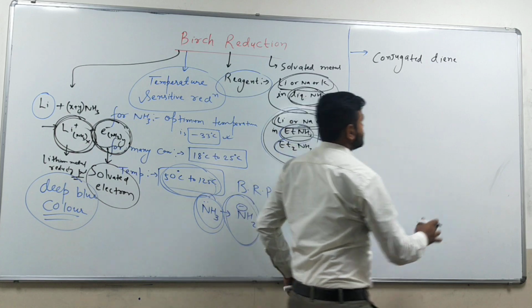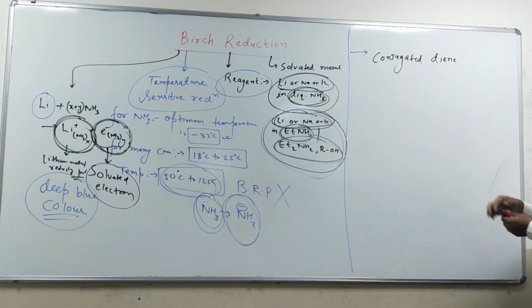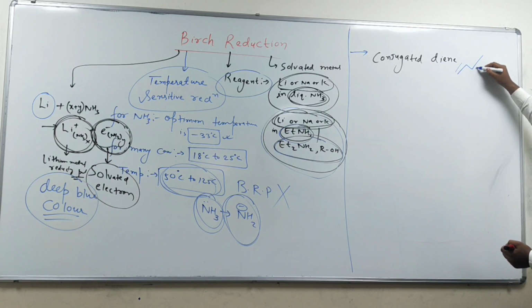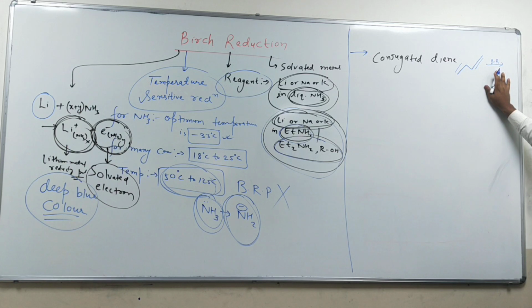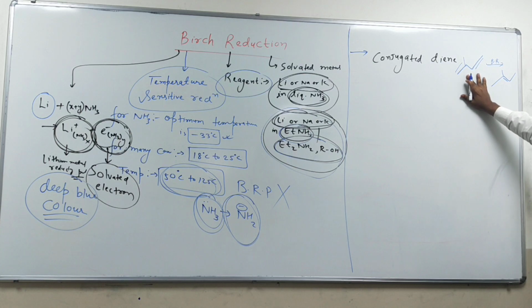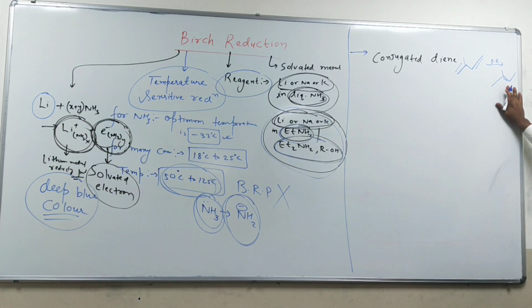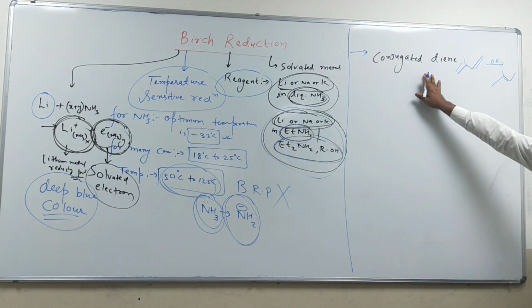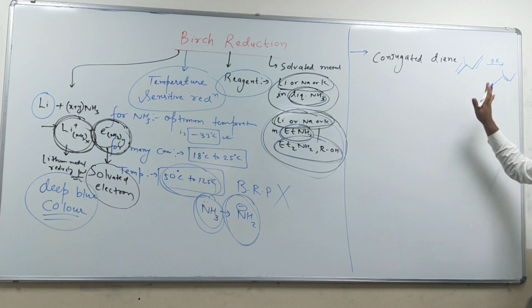Let's say you have a conjugated diene with carbons 1, 2, 3, 4. If you do the Birch reduction, what will you get as the product? The ends will remain the same, and a double bond will come in the middle. So you can see these two double bonds are reduced and you get this type of product. Birch reduction reduces the conjugated diene in this fashion. This is the first point.